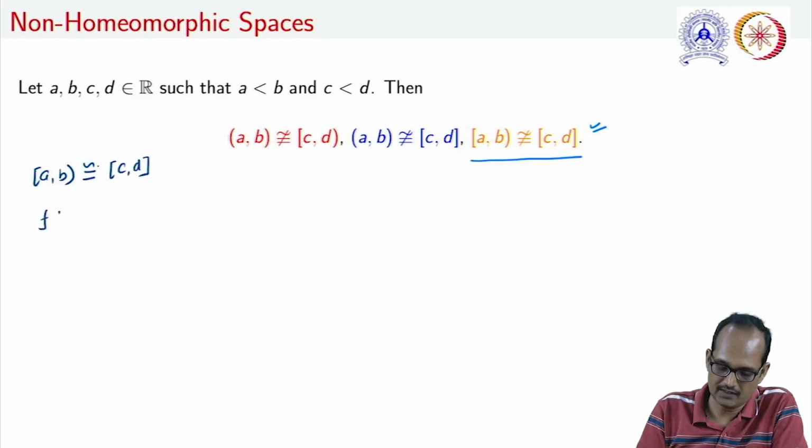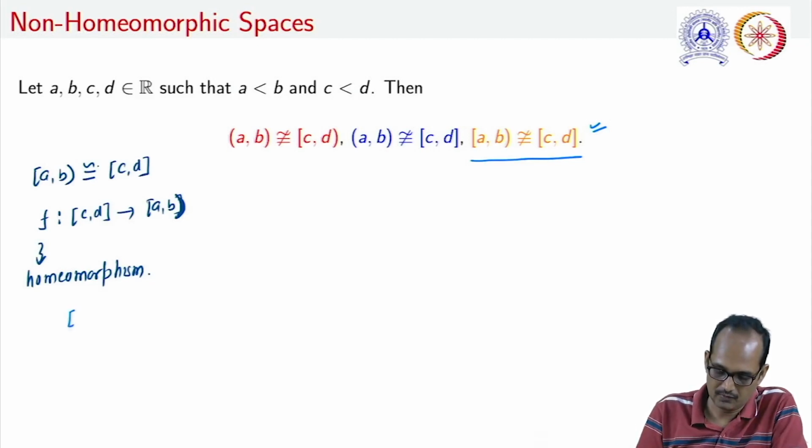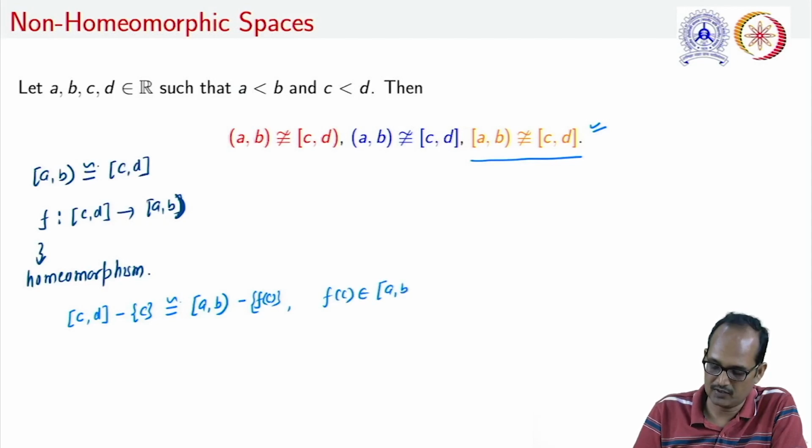It means that there exists a homeomorphism f from this closed interval [c, d] to this semi-open interval [a, b). Therefore, by the result which we have already discussed, if we eliminate this singleton set {c} from here, this will be homeomorphic to this semi-open interval [a, b) minus {f(c)}, where f(c) is an element of this semi-open interval [a, b).